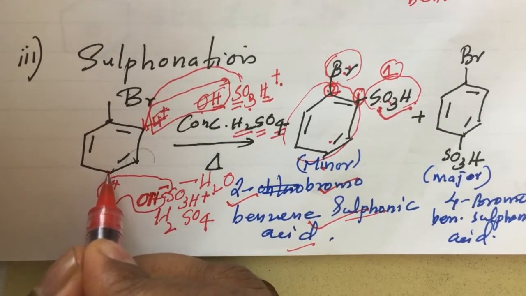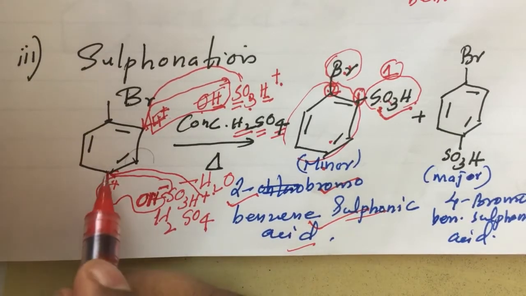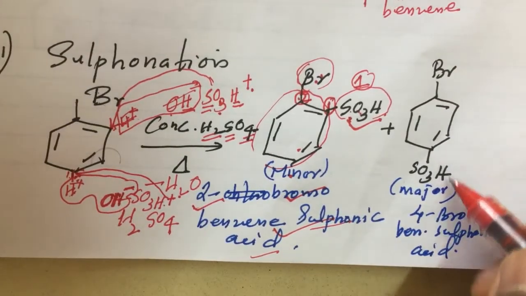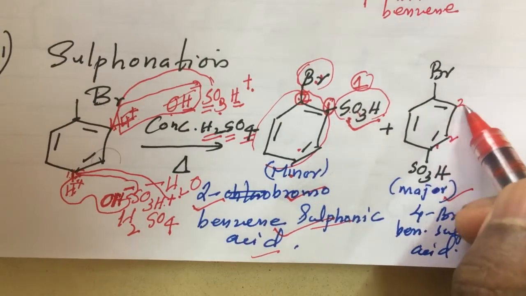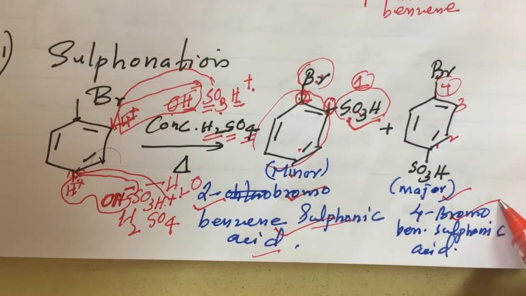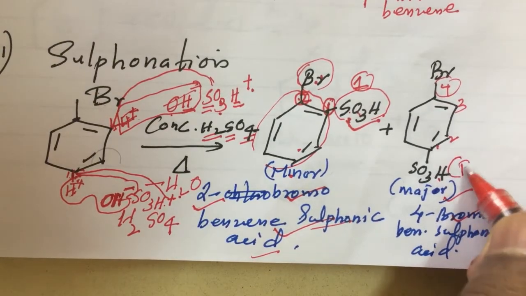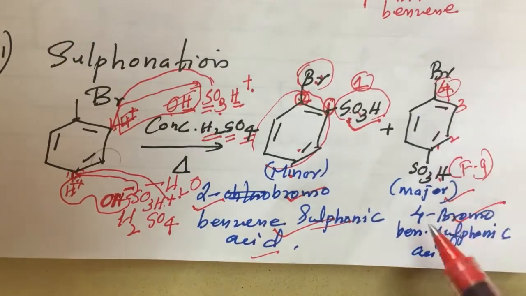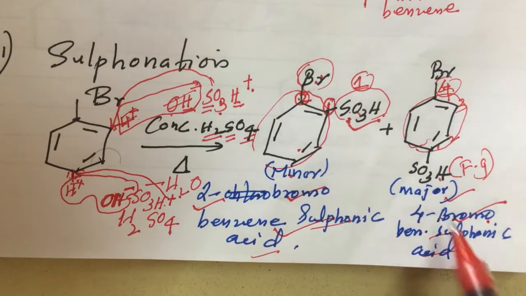Here there are 2 electrons, and SO3H plus will add to this carbon. Using these 2 electrons, SO3H will make a bond and form the major product. See, 1, 2, 3, 4: fourth position bromine, 4-bromo. Out of Br and SO3H, SO3H is the functional group, the more priority group, so Br is on 4th position. 4-bromobenzene sulfonic acid, major product.